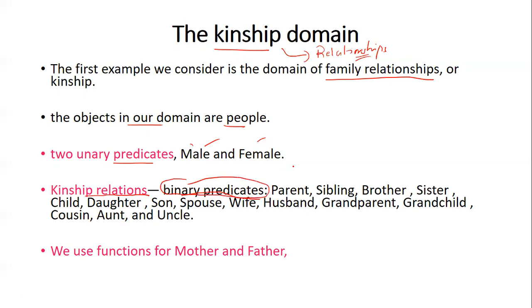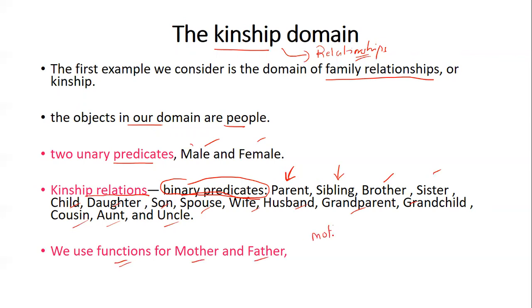Parent is applicable on two objects. Sibling is also applicable on two objects. Brother, sister, child, daughter, son, spouse, wife, husband, grandparent, grandchild, cousin, aunt, and uncle. These are some of the binary predicates which we'll be using in the examples. Apart from this, we'll be using two functions: mother and father.